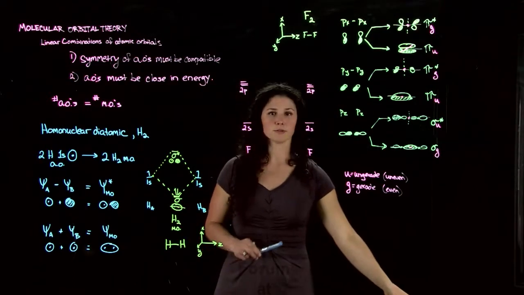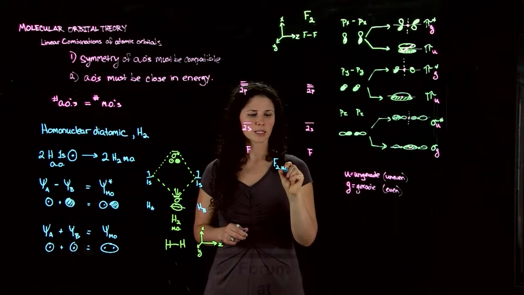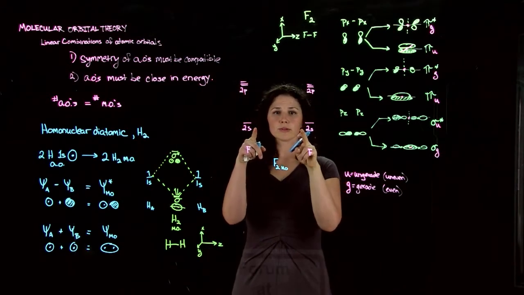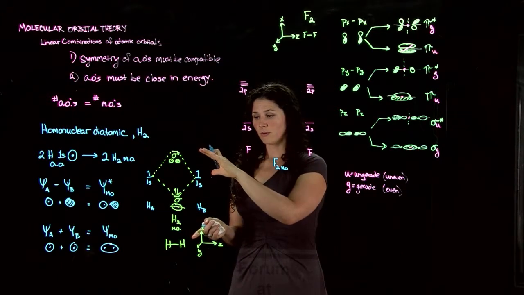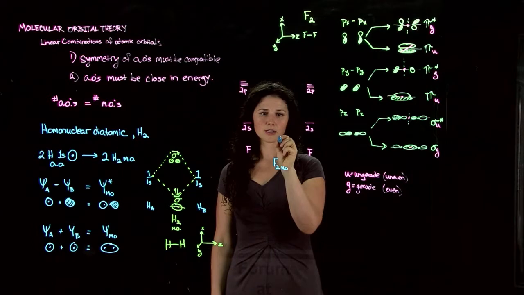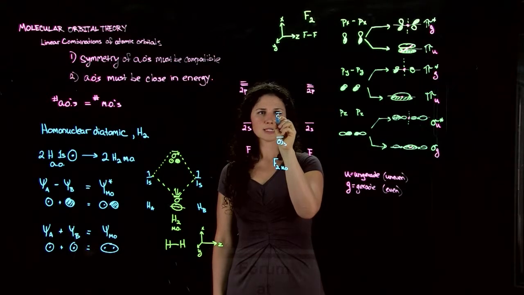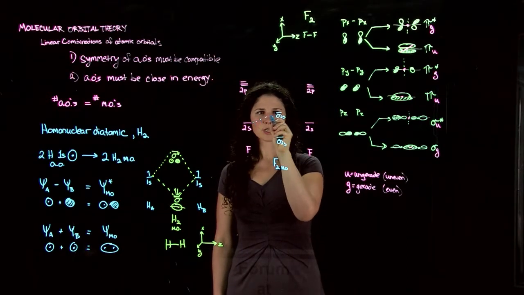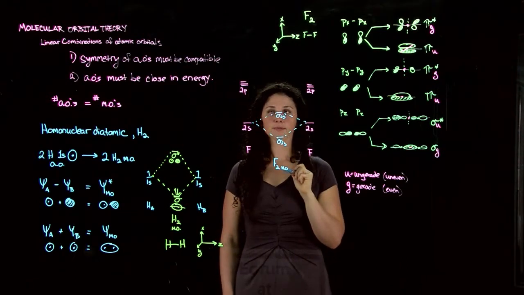And I'm going to use a different color to show my F2 molecular orbitals in the middle. So the s orbitals will combine with each other in a bonding and antibonding fashion, similar to the way that the hydrogen 1s orbitals did. So I'm going to have a bonding sigma 2s and an antibonding sigma star 2s. And I can show dotted lines to indicate how these are combining with each other.